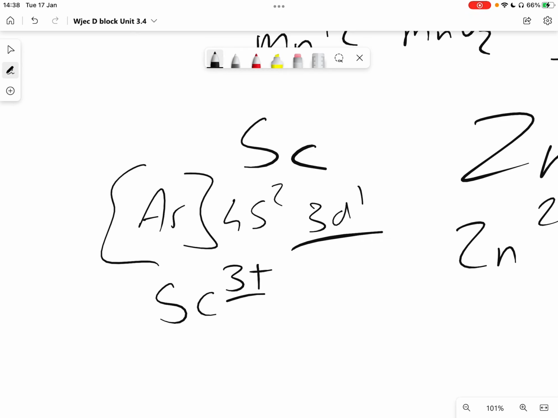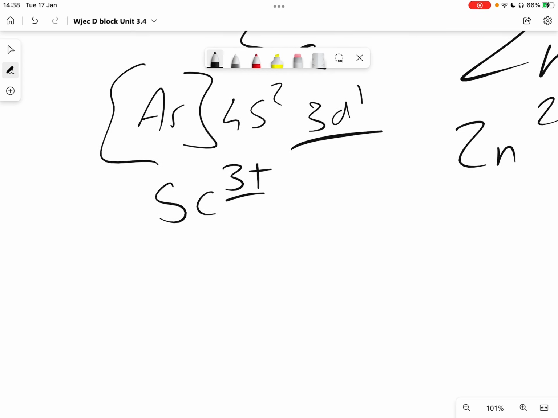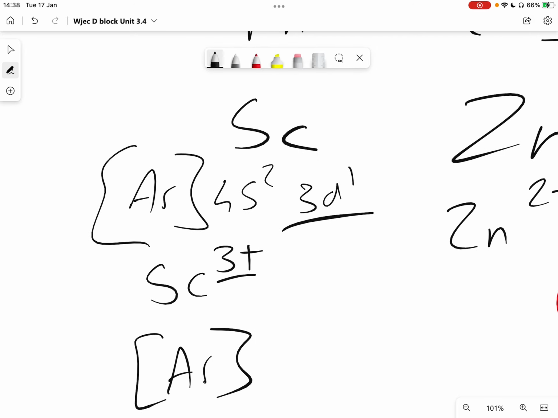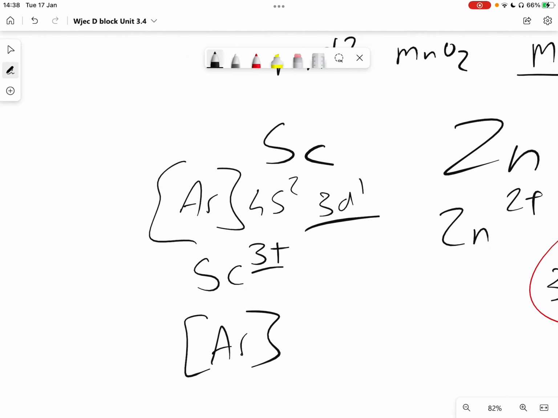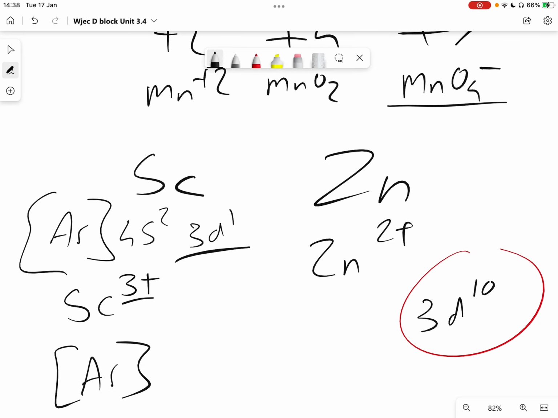And this is just our argon core. We don't have any 4s, no 3d, because we've lost our 4s, and of course we lost our 3d. So that, as an ion, doesn't show colour, and it isn't a transition metal as such. This is actually a d block element. A d block element definition, remember, is just an element which has its outermost electrons in a d subshell.